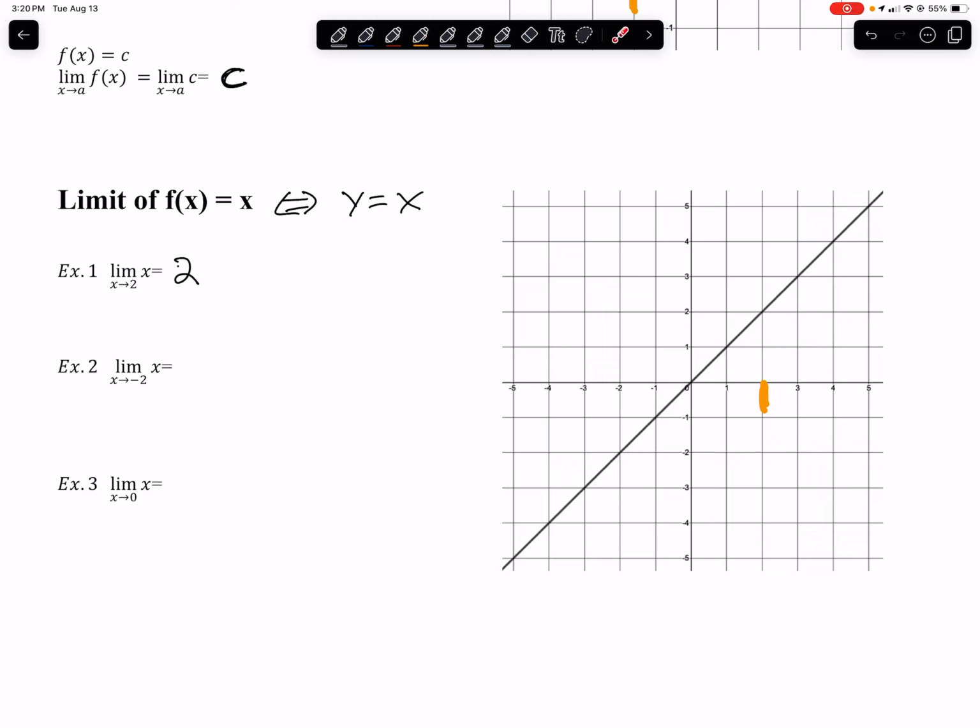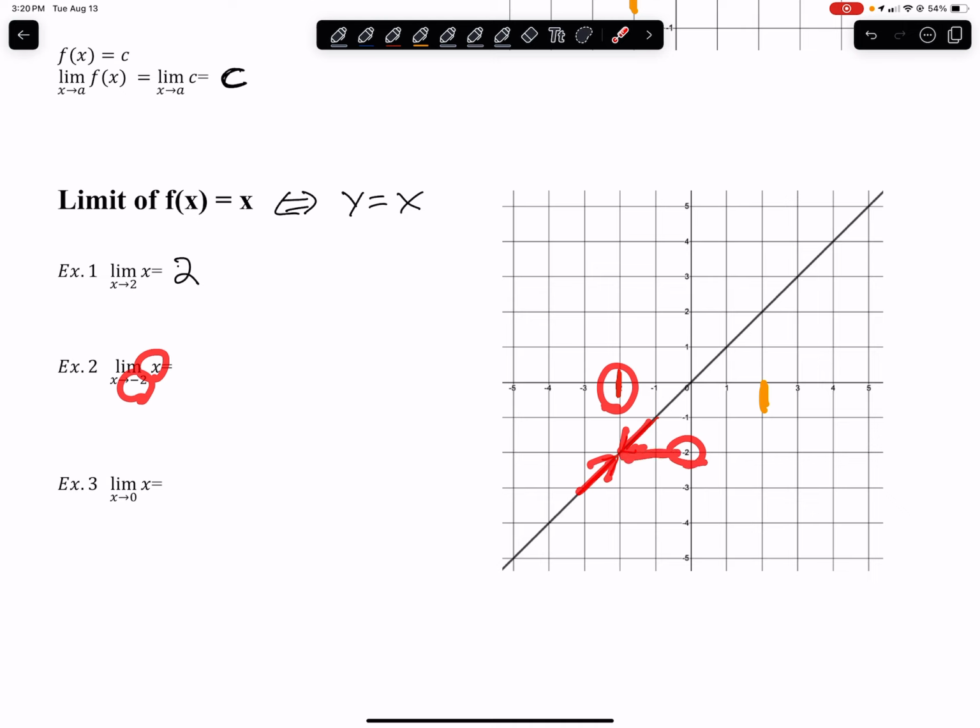Now we're going to approach -2. Let's do that. -2 is right here. So as I approach -2 from the left, what does the y value get close to? -2. And as I approach -2 from the right, again, I'm approaching this value, x, -2, from each side. And what does the function approach? 2.